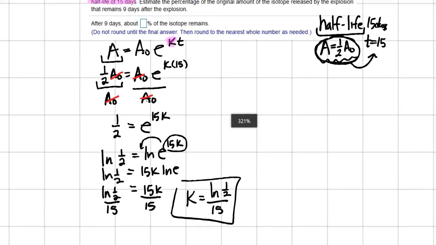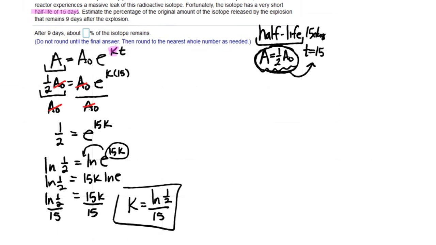So let's go back to the problem again. The problem says to estimate how much is left 9 days after the explosion. Actually, what percentage of the original amount. So I'm going to go back to my formula again. A equals A naught e to the kt. And we want to know 9 days.